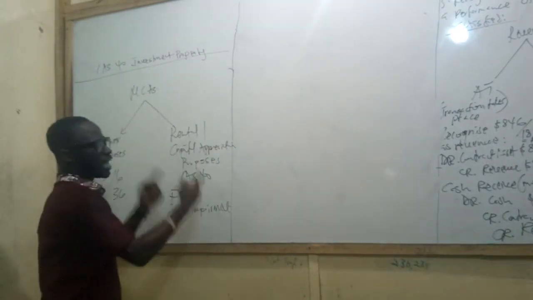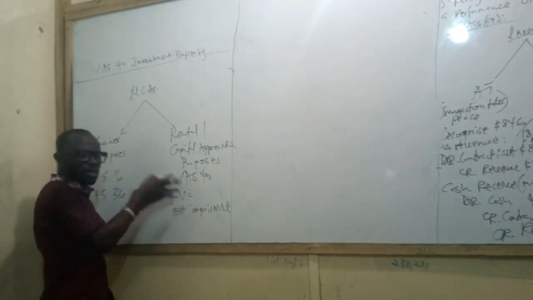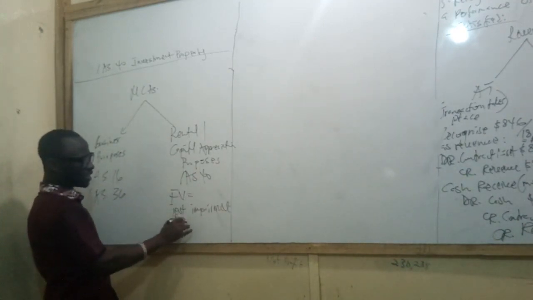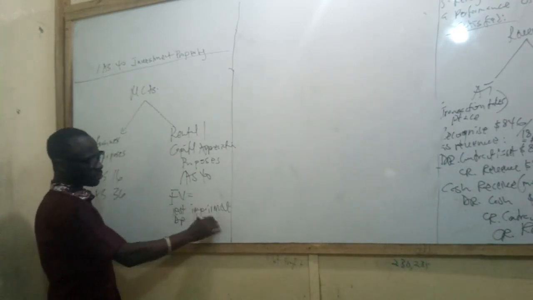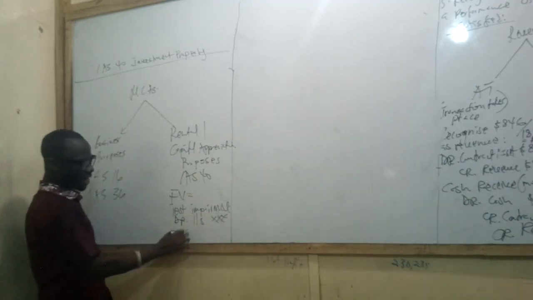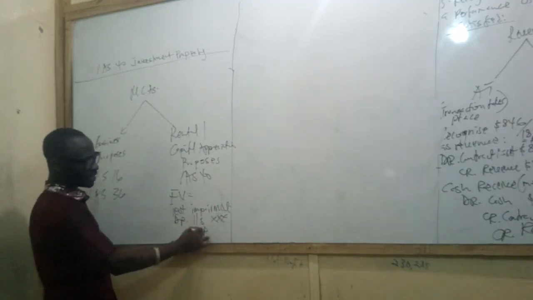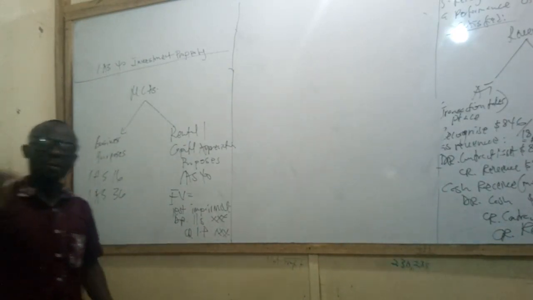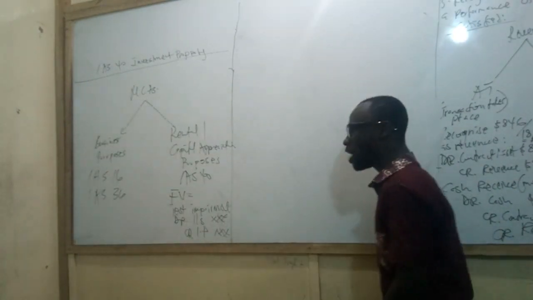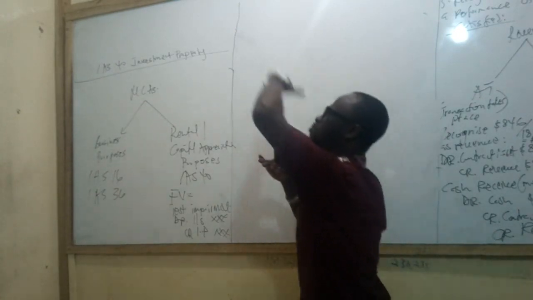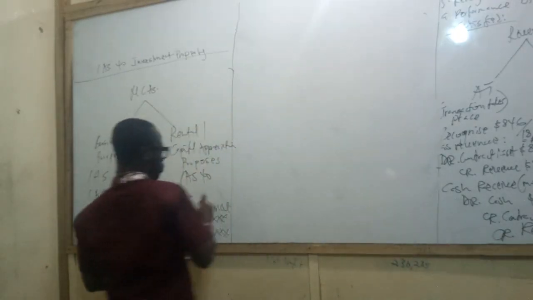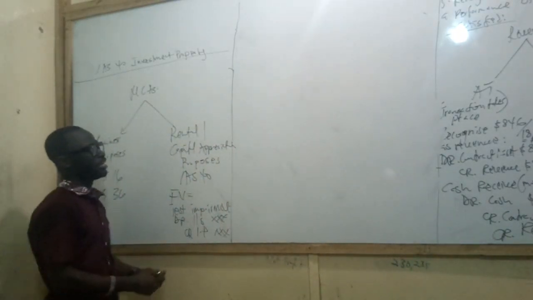When we test for impairment and the asset suffers impairment, we write it off the way it has to be written off by debiting the income statement with that impairment loss and crediting that investment property, IP, with that impairment loss. But when we test for impairment and we realize that there is actually an appreciation in the value of the asset, then the opposite will be done.